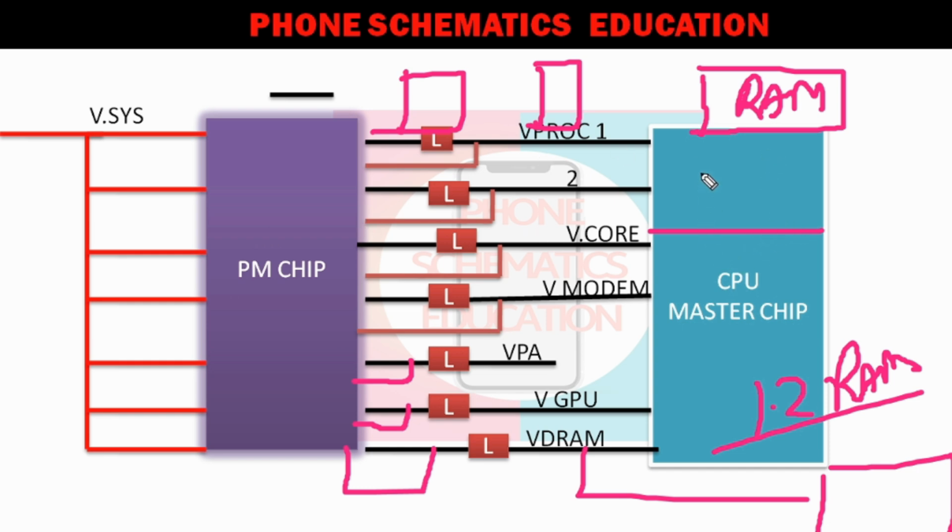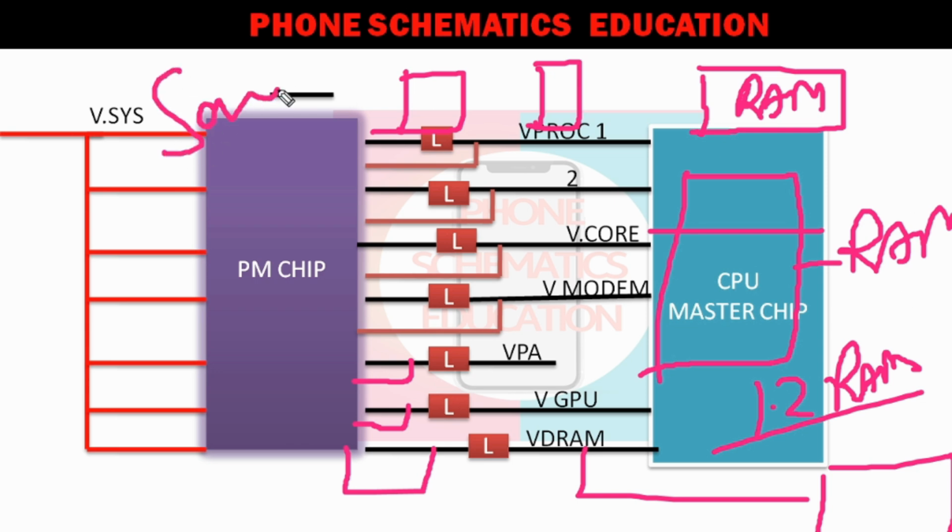In some phones, there is a 2-layer CPU. When you open the CPU, on the front upper side there is another chip called RAM. In Samsung phones, OnePlus phones, some Xiaomi and Redmi phones, and most of the latest 5G phones, you get a double-layer CPU, we call it double decker.